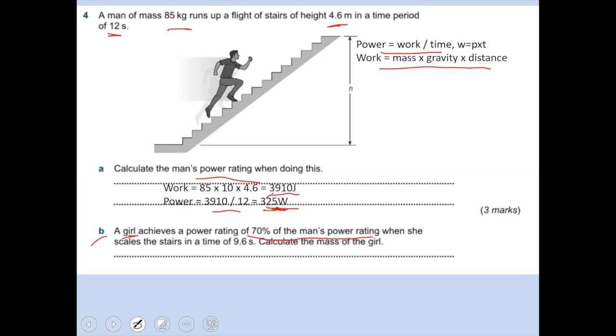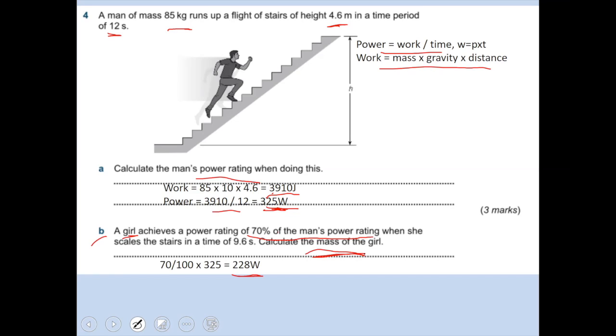When we do that, we come up with a figure of 228 watts. Now, where this gets a little bit harder is calculating the mass of the girl.